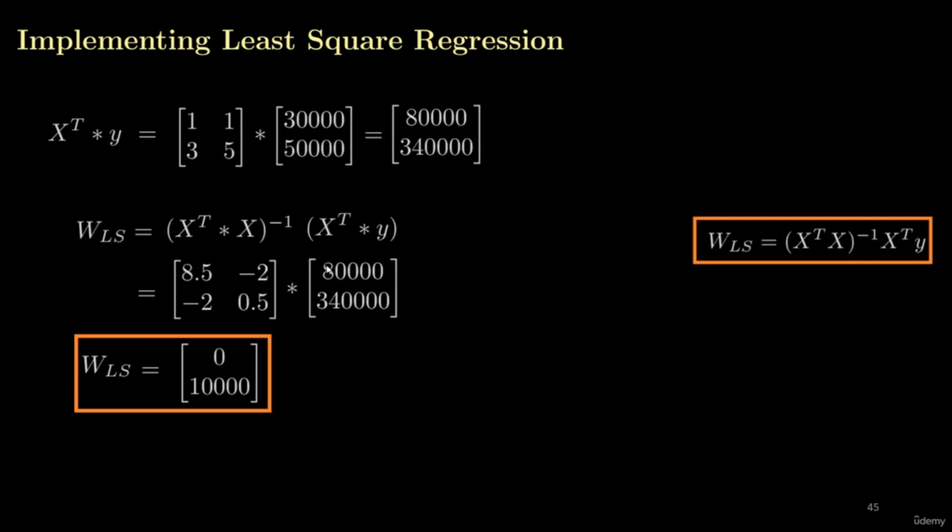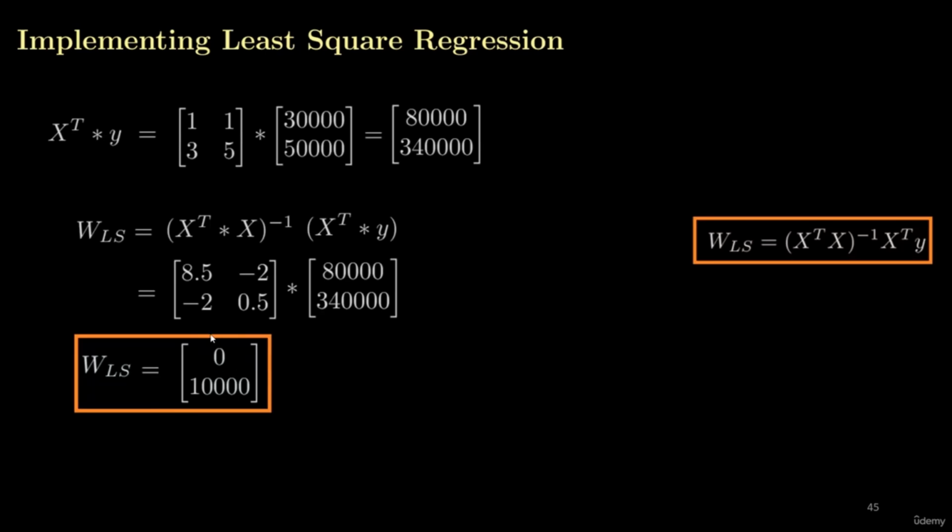So this will multiply with this term and then this will multiply with this, and finally we will add them. Similarly, this minus 2 will multiply with 80,000 and 0.5 will multiply with 340,000 and we will get this value. So this is our least square solution of the data set which we have selected for this particular problem.